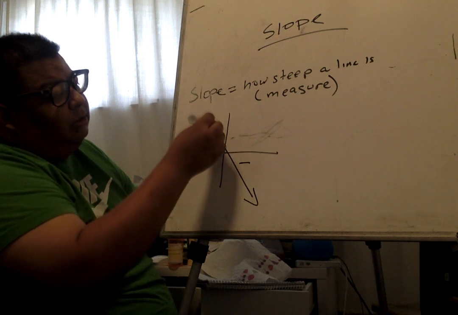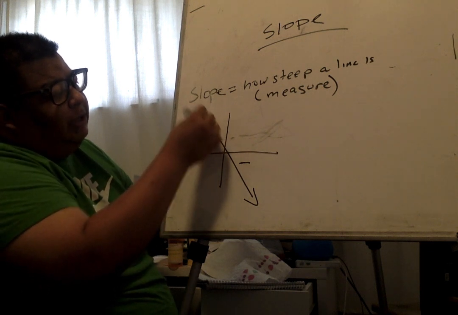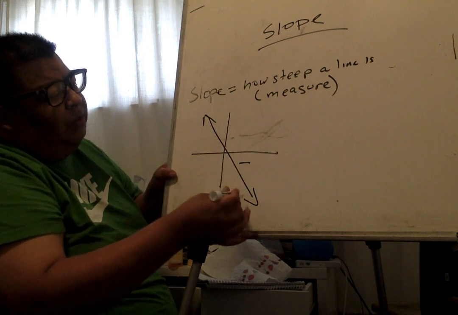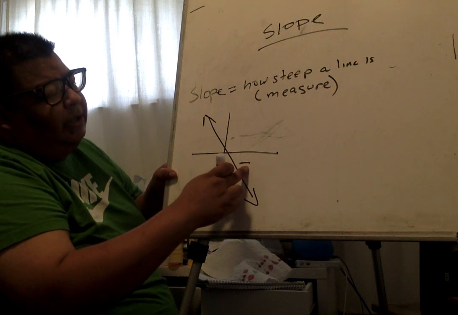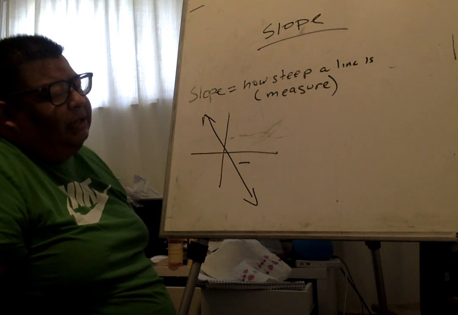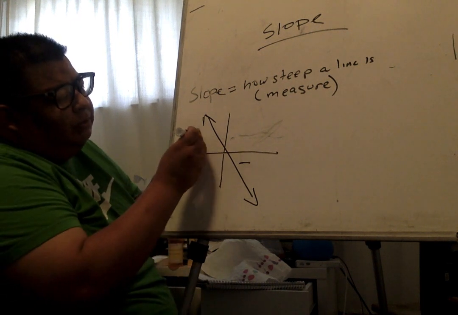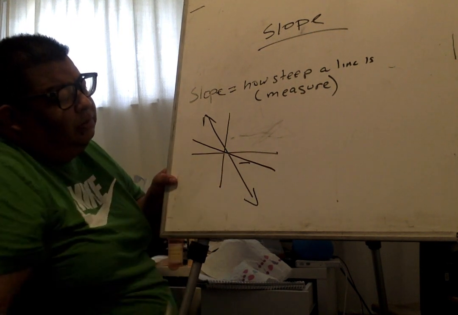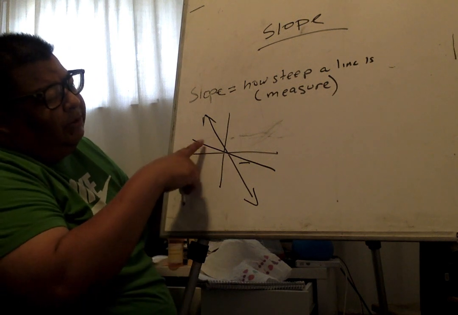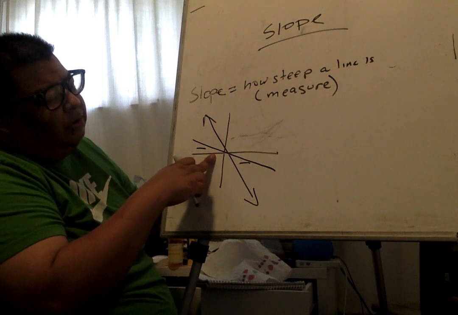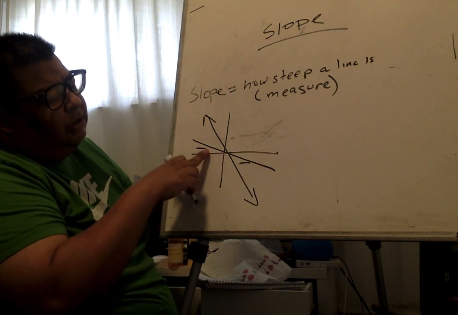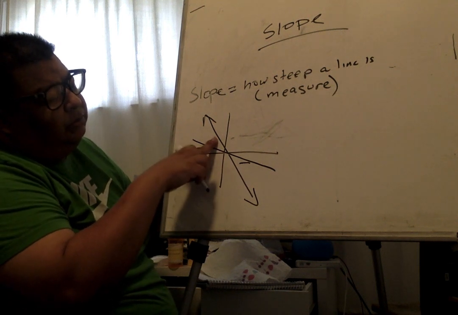The steeper the line is going downward, the larger the magnitude of the slope is. For example, this one is less steep than this one, so this is still negative, but it will have a smaller slope than this one.